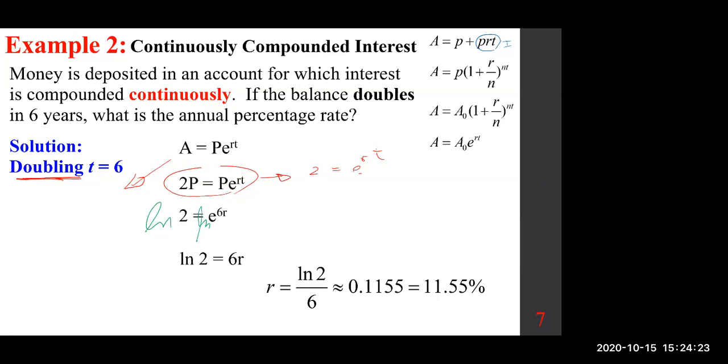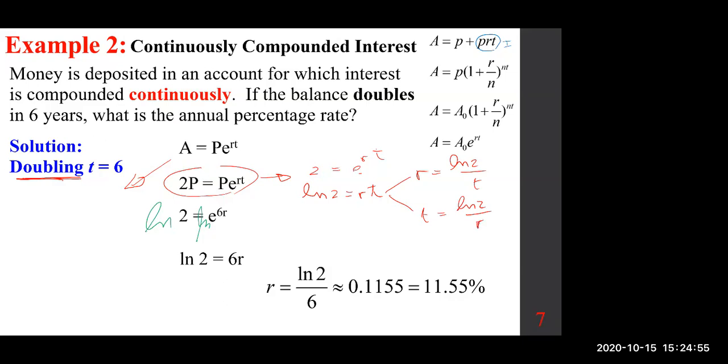Now, if I take the natural log of both sides, I get ln2 equals RT. So I want everybody to pay attention to what happened. I'm taking a natural log. If I solve for R, I get ln2 divided by T. If I solve for T, I get ln2 divided by R. After we prove this, you can use this formula.